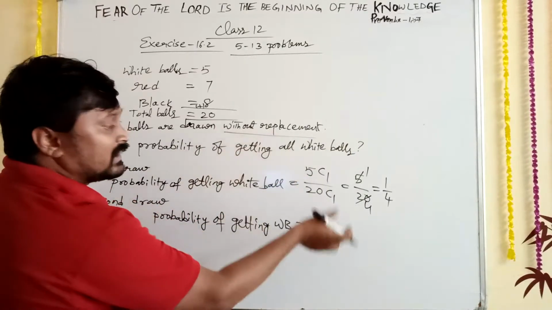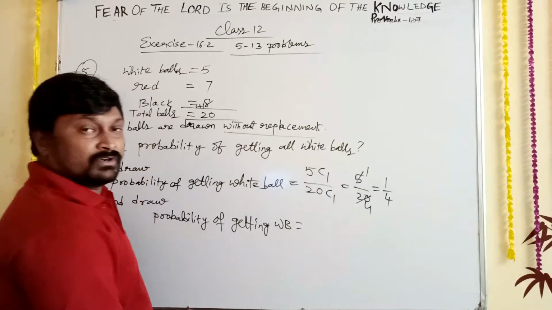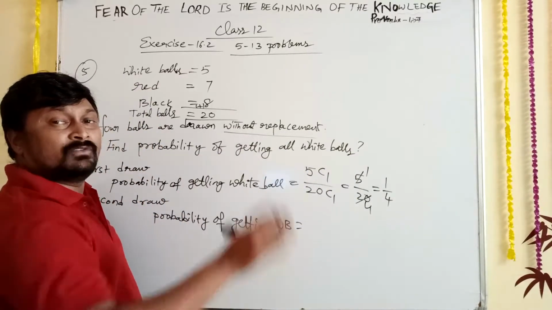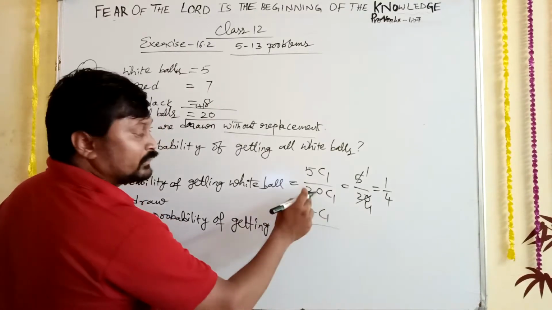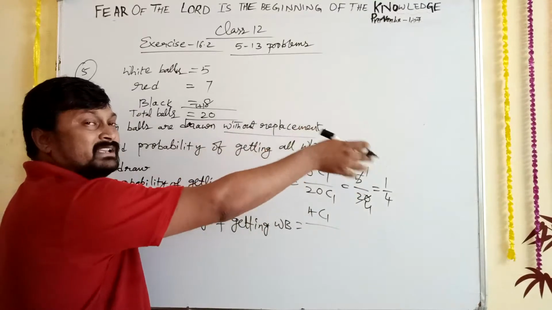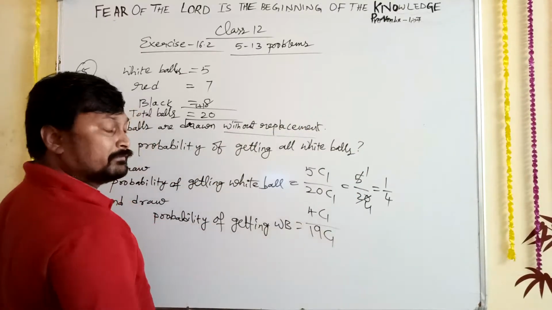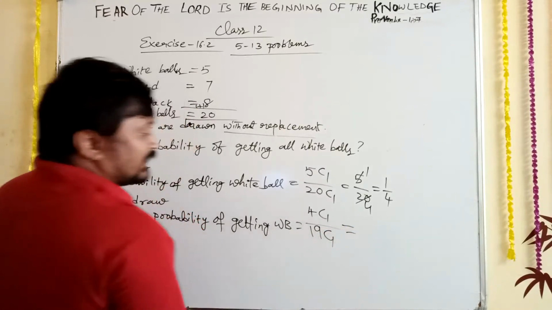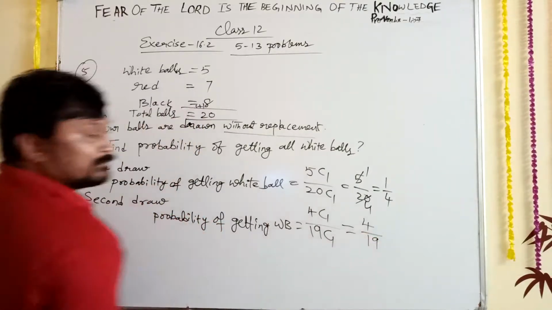So in 5 balls, one ball is already removed, so there are now 4 balls, and out of 4, 1 we need to take. In the total also, 1 is removed and not replaced, so 19 will be there, and out of 19, 1 we will take. So it is 4C1 upon 19C1, which is 4 upon 19.